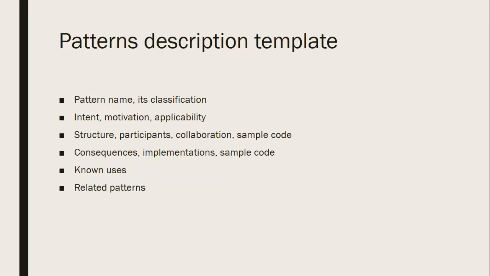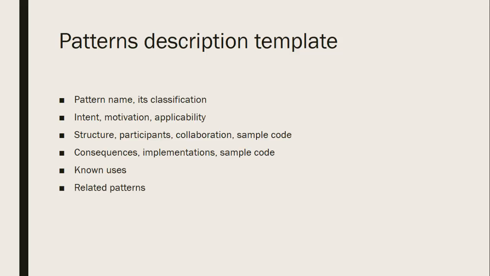And then we need to specify some description for the pattern, such as pattern name and its classification. By classification we mean, is it a creational pattern, structural pattern, or a behavioral pattern? And then we identify the intent, that is the goal behind the design, and the motivation for the design, and the applicability of the pattern design for future solutions.